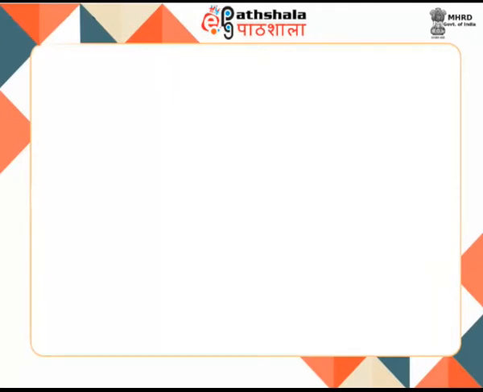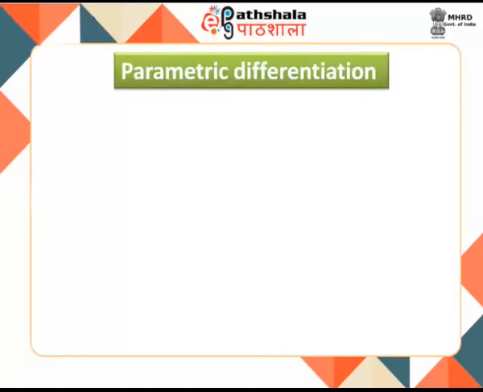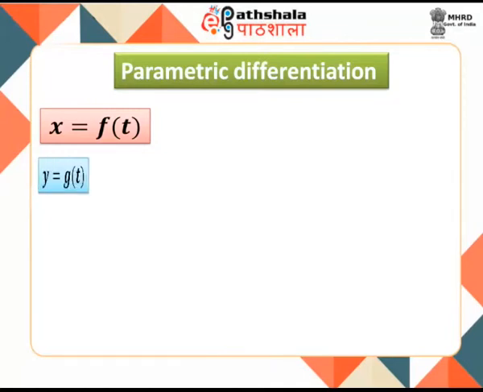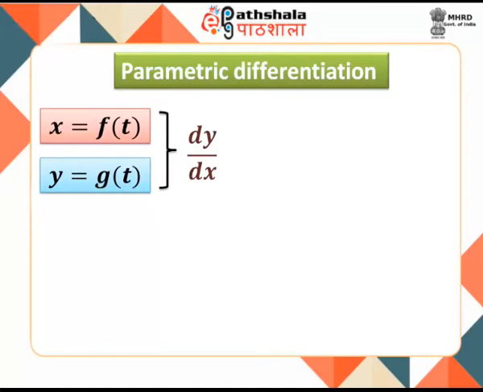Now we will focus on the concept of differentiation, starting with analyzing its first type, parametric differentiation. If both the variables x and y are functions of another variable t, that is x is equal to f of t and y is equal to g of t, then dy by dx can be obtained without the elimination of t.